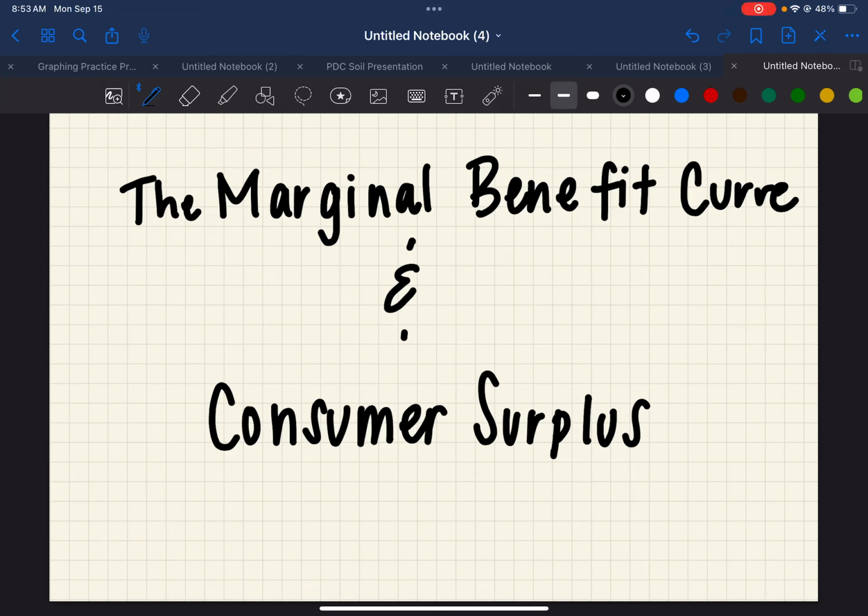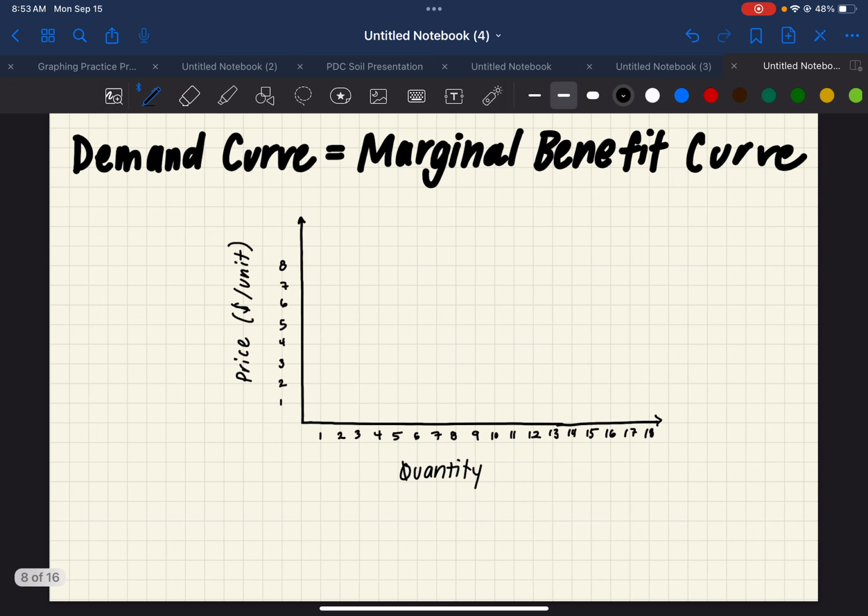Right, in this lecture, we're going to talk about the marginal benefit curve and something called consumer surplus. So let's start actually with the demand curve, which we learned about earlier this week. We're going to make a demand curve here on our graph. We're going to say that at $8 right here, we sell one of a good.